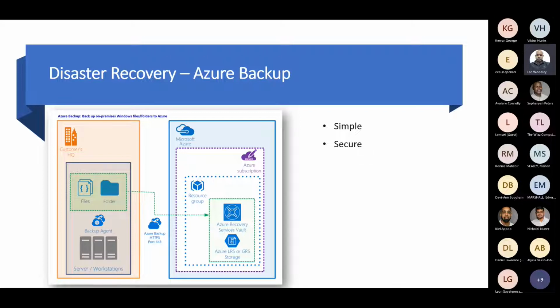Now, Azure Backup is a service that provides a simple, secure, and cost-effective solution to back up your data on-prem to the Azure cloud. And in this instance, FCL is leveraging the Azure Backup ability to protect on-premise files and folders through the Azure Backup agent.